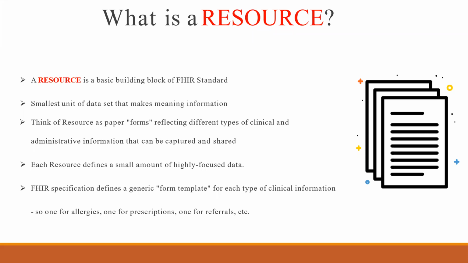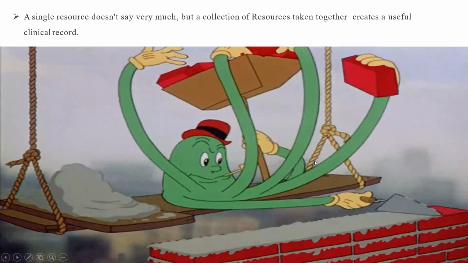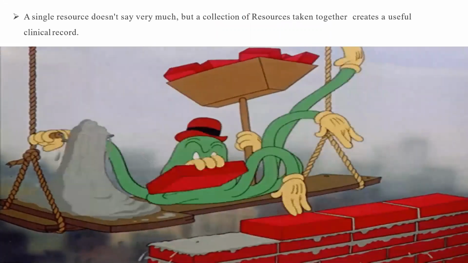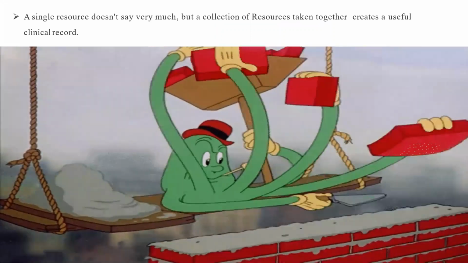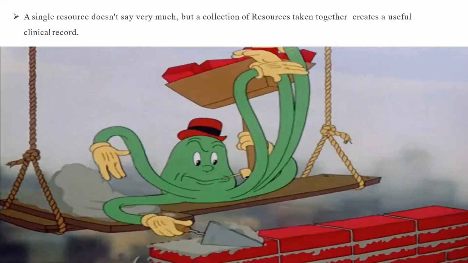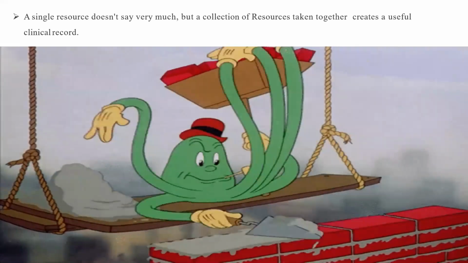Okay, so if you just separate one individual resource, it may not make a lot of sense. But when you combine resources together, that is when it will give you useful clinical information. Let's say that you have 10 forms together.